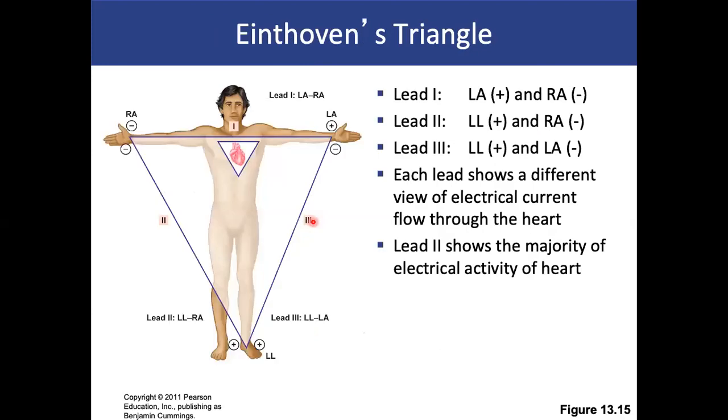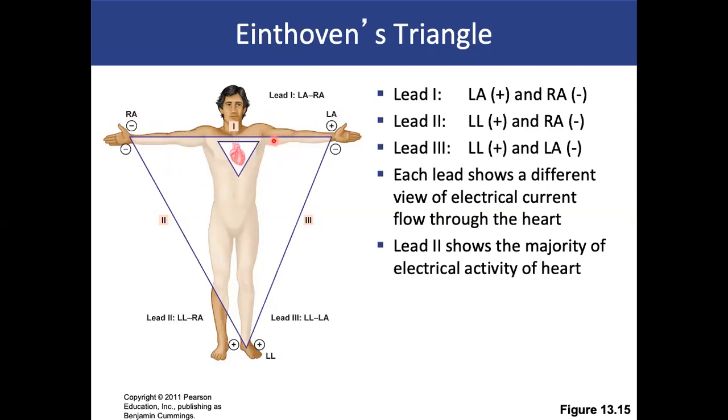Einthoven's triangle shows how the heart sits in the chest. It sits in the chest in the mediastinal area, tilted a little bit to the left. It's about the size of your fist. Lead 1 captures electrical current going in this direction, towards your left arm, from your right arm to your left arm. Lead 2 captures electrical current going in this direction, so this direction of the heart.